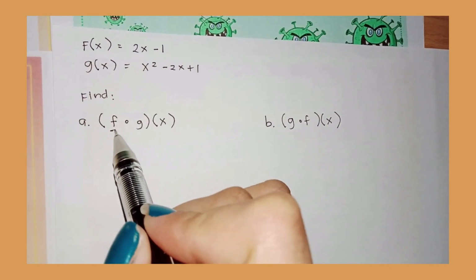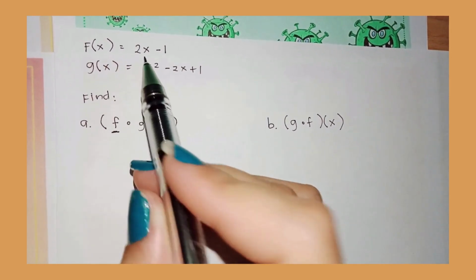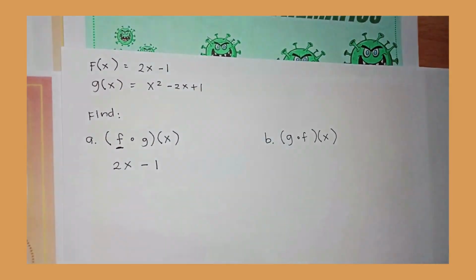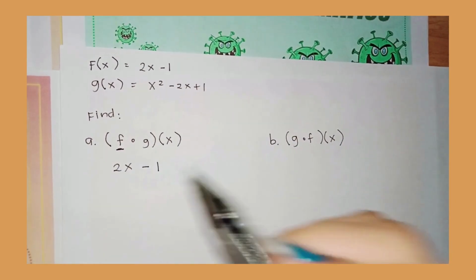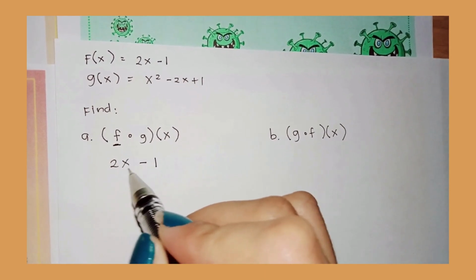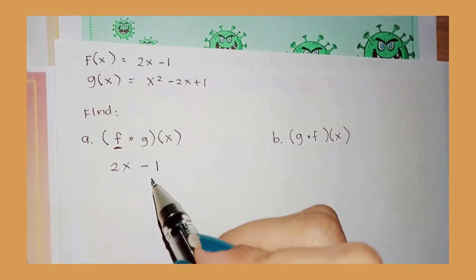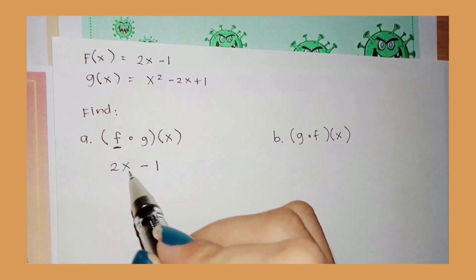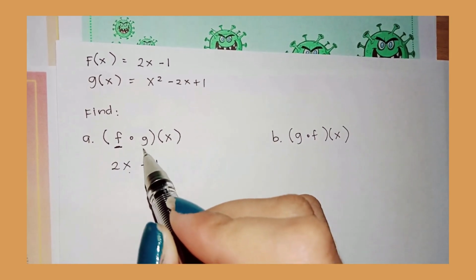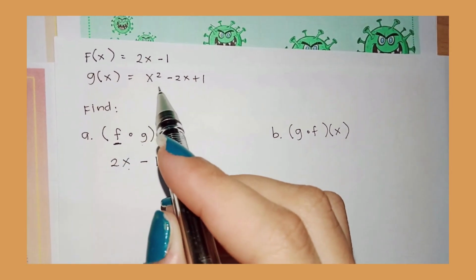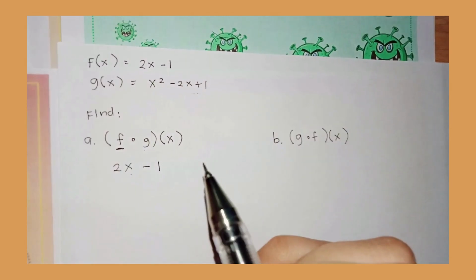Nauna yung f, so yung gagawin natin, kokopy natin yung f, which is 2x minus 1. Ngayon, lahat ng x na nakikita nyo dito, papalitan natin ng g. Again, yung x, papalitan ng g, which is x squared negative 2x plus 1.